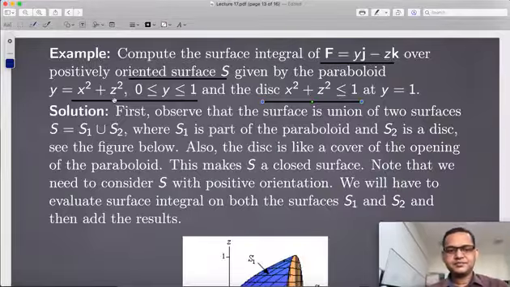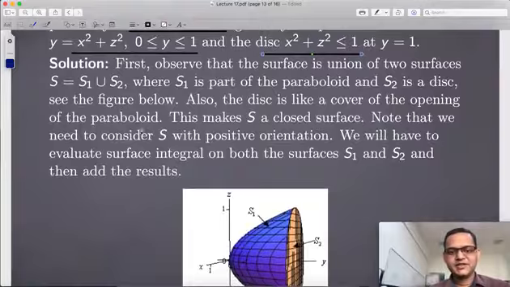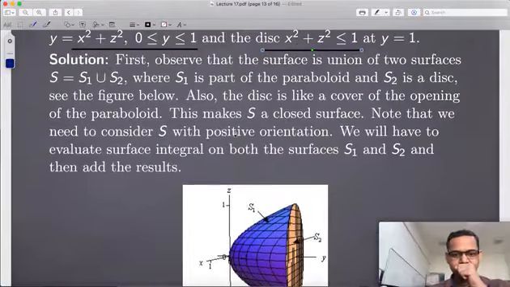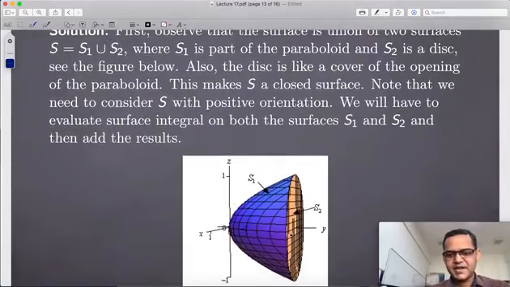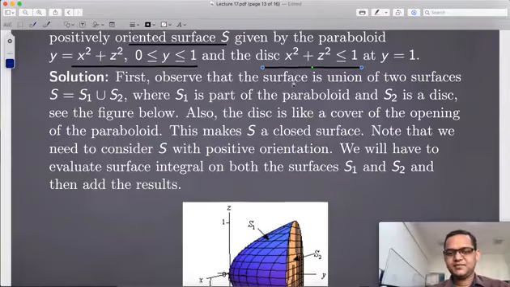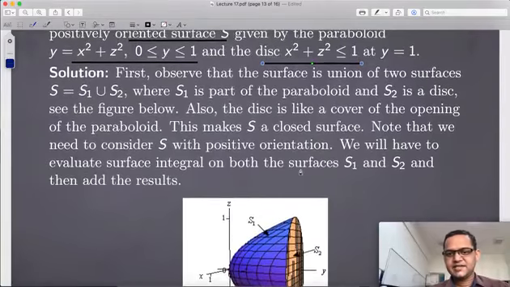You have to draw this paraboloid, so its picture is here. This is the picture of the paraboloid, and y is varying from 0 to 1. Then the disk: the disk is x square plus z square less than or equal to 1, so this is in the xz plane.